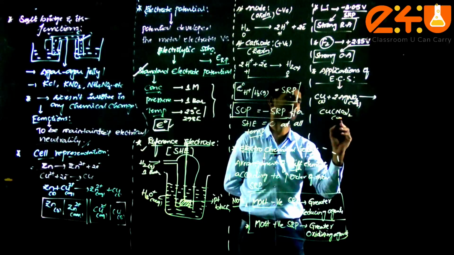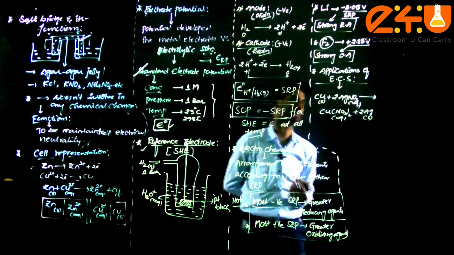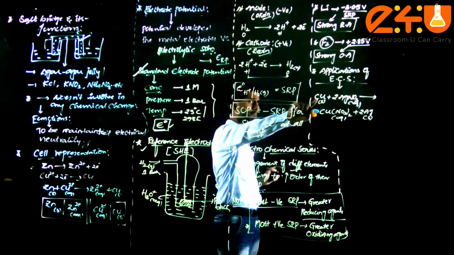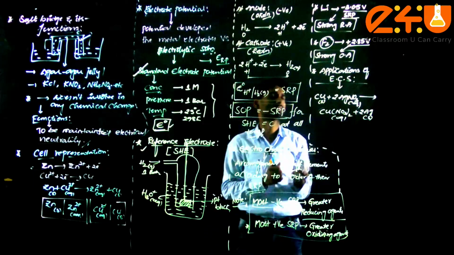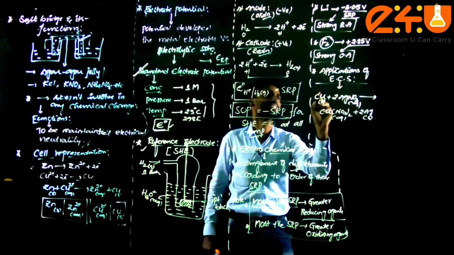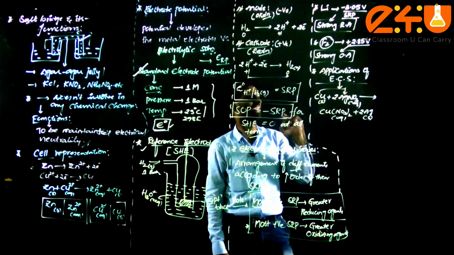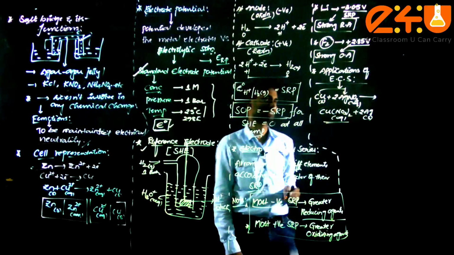Cu(NO3)2 aqueous, copper nitrate, plus 2 Ag, solid. We compare copper and silver: copper has the greater reduction potential when compared to silver, that's why copper will displace silver from its aqueous solution of AgNO3. The reaction takes place like this.